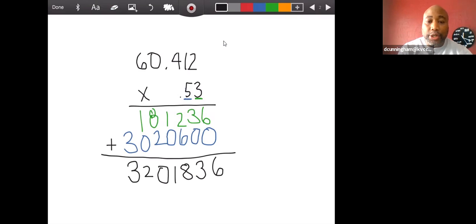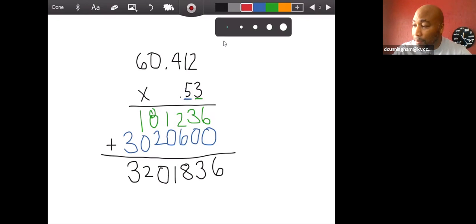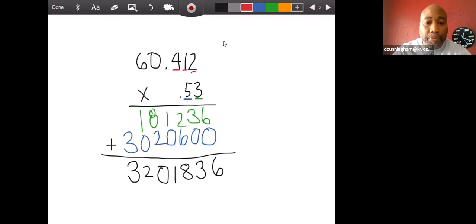Now, what we have to consider is how many decimal places we worked with from the example. So we have 1 here. Here's a decimal place. That 4, the 1, and the 2. And then we also look at this one on the bottom, the 3 and the 5. So let's count how many numbers are to the right of the decimal, everybody. 1, 2, 3, 4, 5.